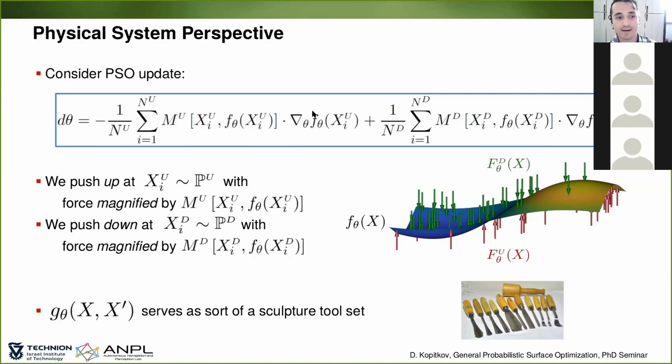And again, the model gradient and the model kernel serve as some sort of sculpting tool that we use during this physical system optimization.